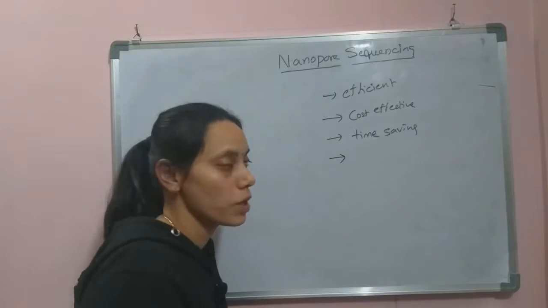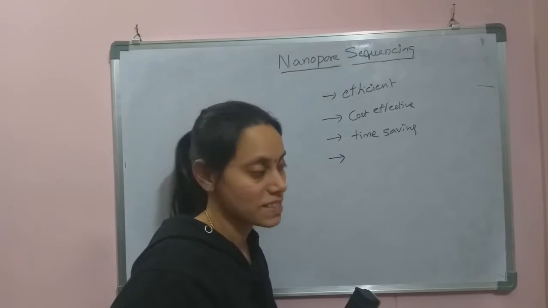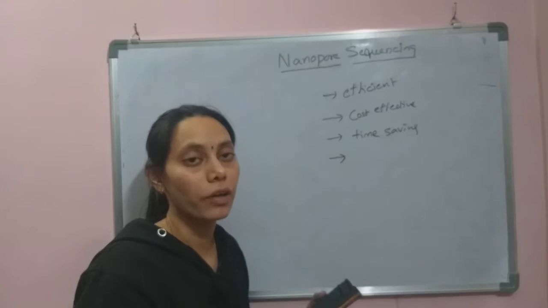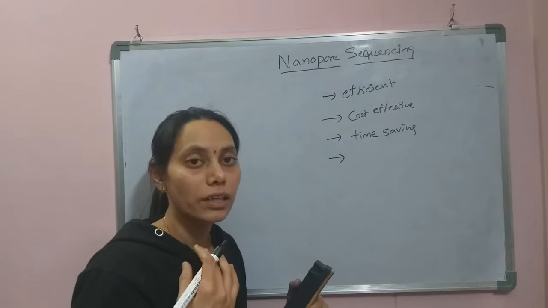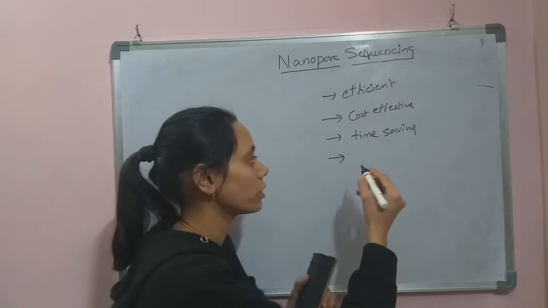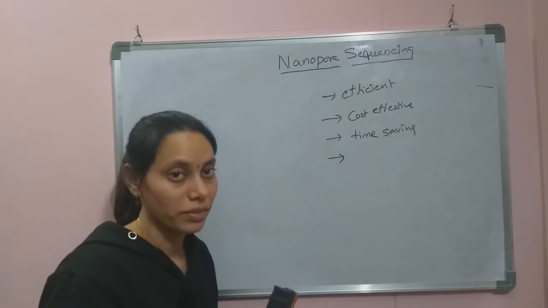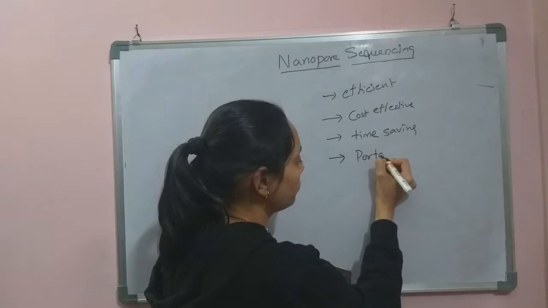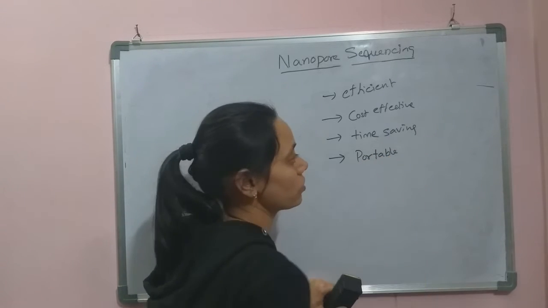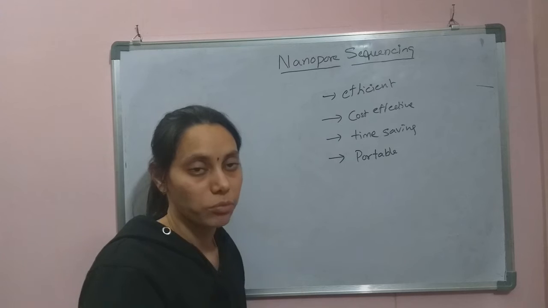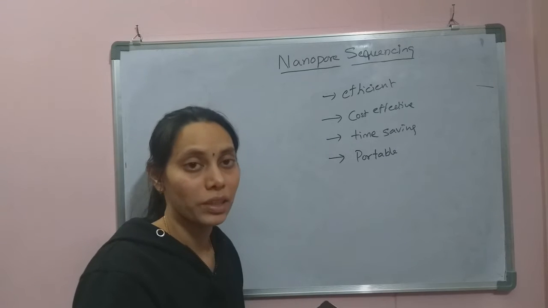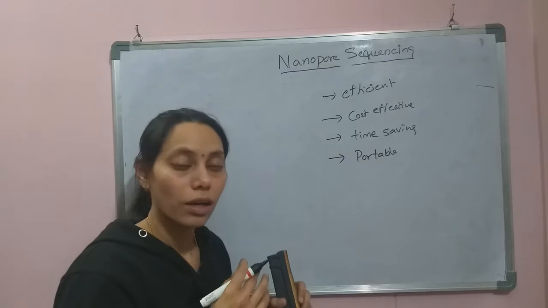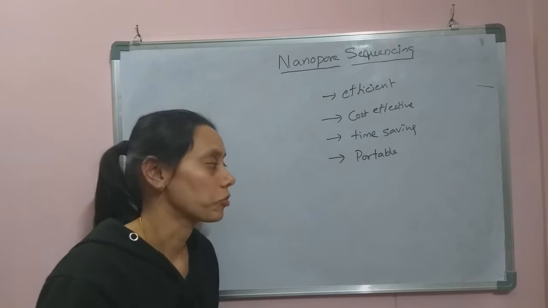The other advantage with nanopore DNA sequencing is that the machinery is very much simplified, unlike the other DNA sequencing techniques. It is just a portable machine in which the DNA sample can be taken, and it will sequence and give the entire sequence of the DNA out of it.